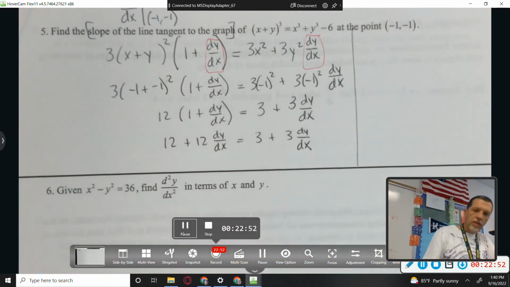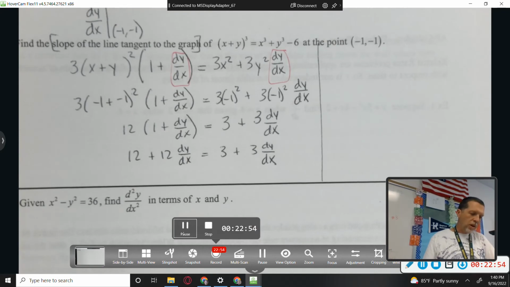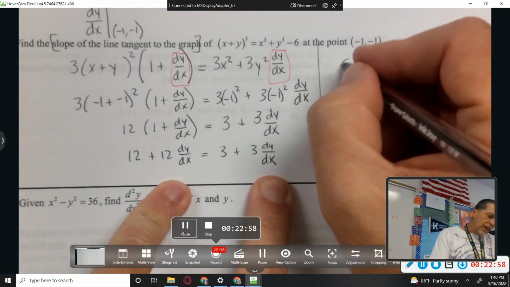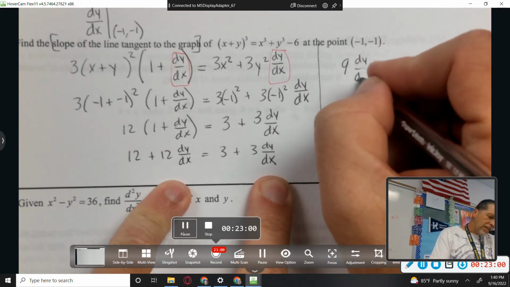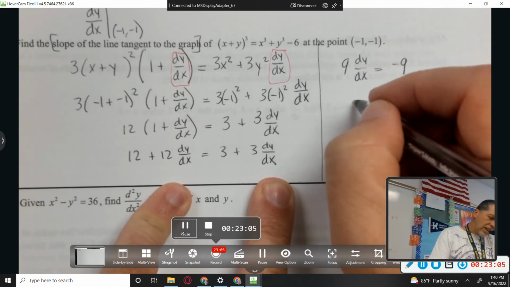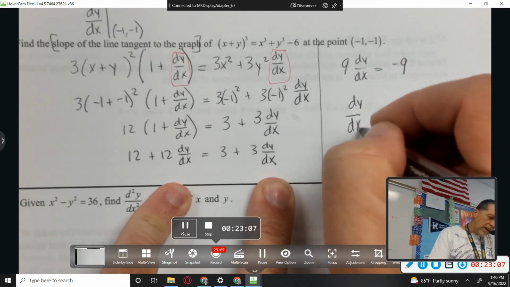If I subtract 3 dy dx, I get 9 dy dx. If I subtract 12, I get negative 9. So dy dx equals negative 1.